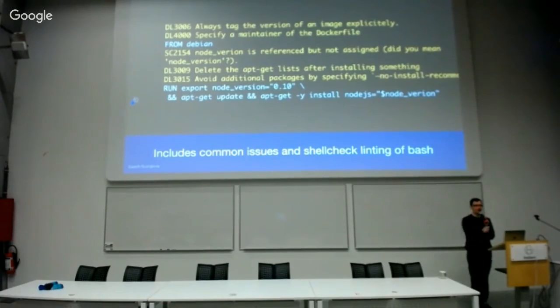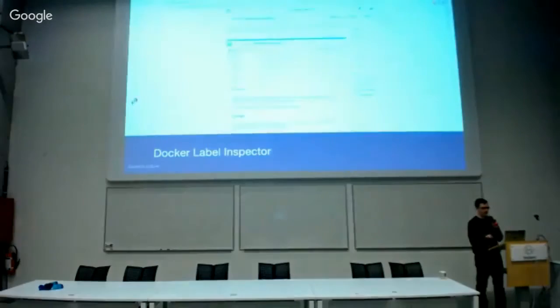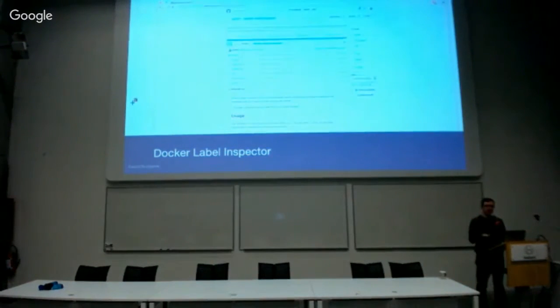It's also picking up on you have got one called node version, maybe you meant that one. It's like the Elm compiler that tells you what you did wrong, not just that it's broken. So Hadolint is excellent. It's very focused but quite polished. There's a web UI. You can just run it locally if you're happy with compiling Haskell.